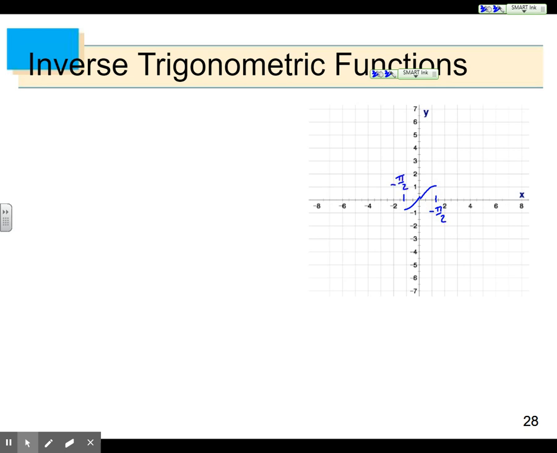And I have to make it so its domain is trimmed down all the way to negative pi over 2 to pi over 2. And the way that we wrote inverse trig functions was we would say sine inverse of x. Okay? Or we also said arc sine of x.